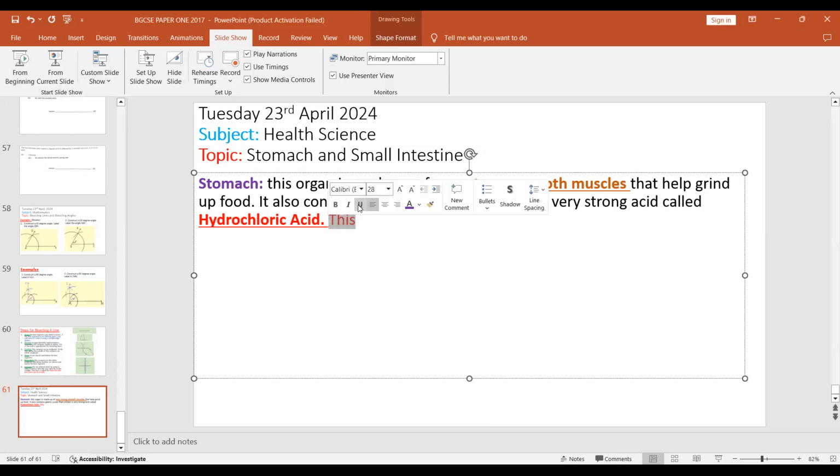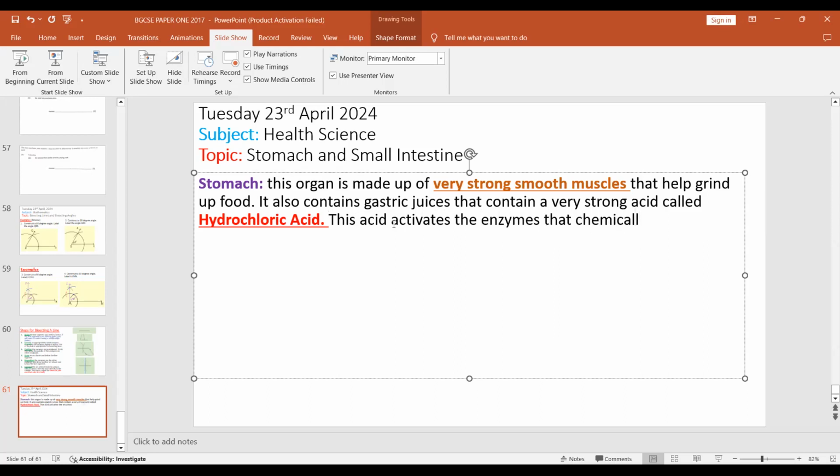This acid activates the enzymes that chemically break down proteins and certain milk sugars.